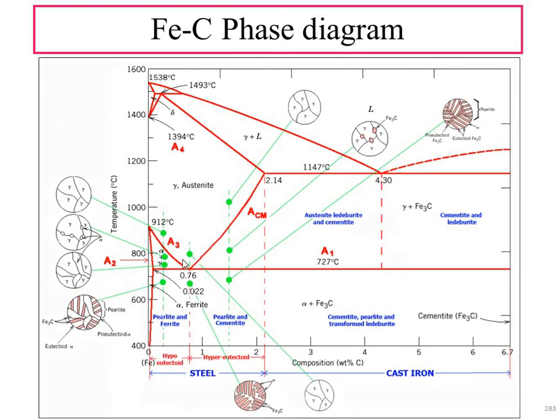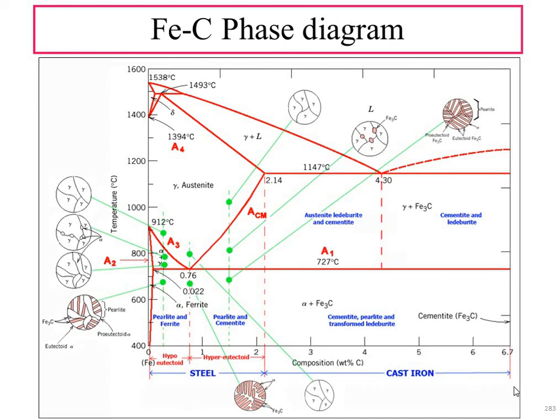Now let us see this figure. It looks so complex, but if you understand it in a systematic way, it will be very easy. As I said before, we have the temperature on the y-axis and the weight percentage of carbon on the x-axis, increasing up to 6.7% of carbon, which is Fe3C, or cementite.